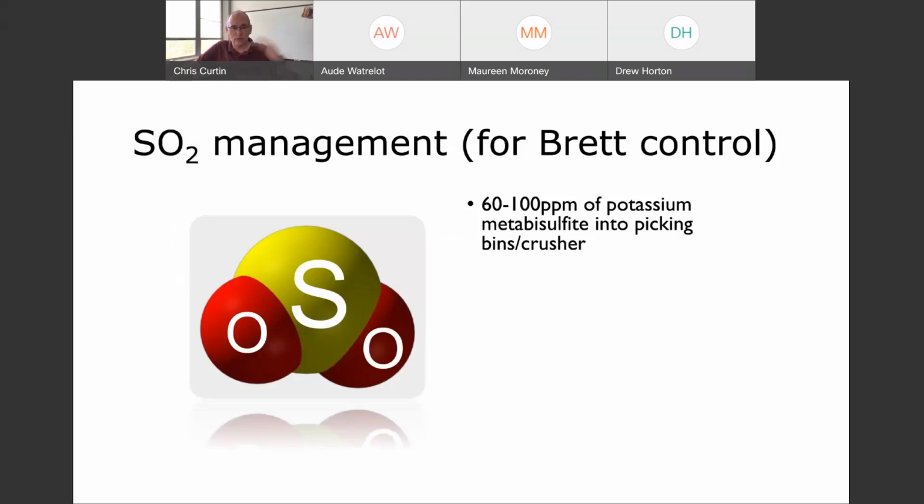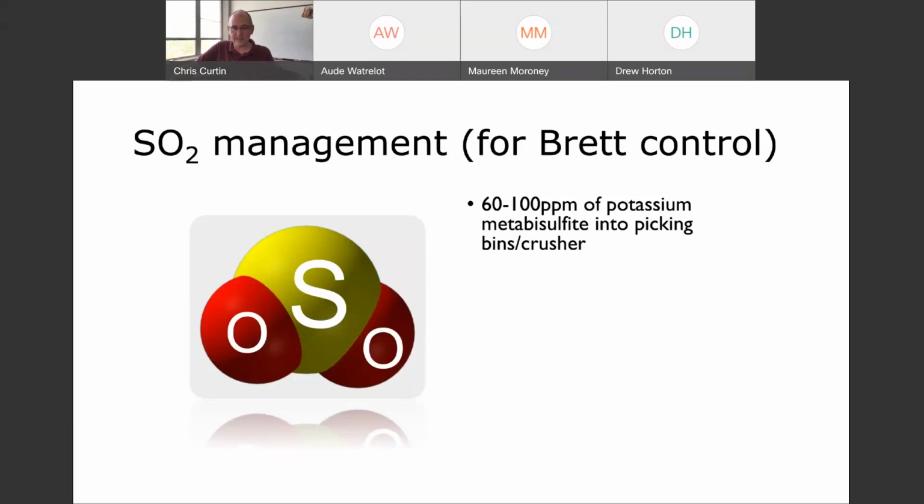So in terms of overall sulfite management, and I'm not going to talk about pH specifically, but go back to your basic charts that show molecular sulfur dioxide and the relationship between that and wine pH.